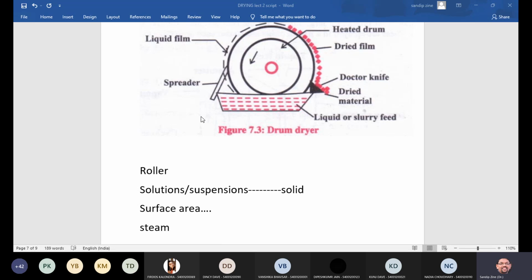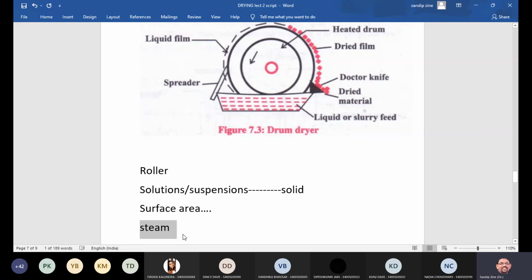Liquid is spread as a film onto the surface, and the drying of the material is done by steam passed into the drum. That's why I have written just one word here, steam. With the help of the steam, it gets dry, and by the mechanism of conduction, the heat gets transferred into the drum and the drying process takes place.